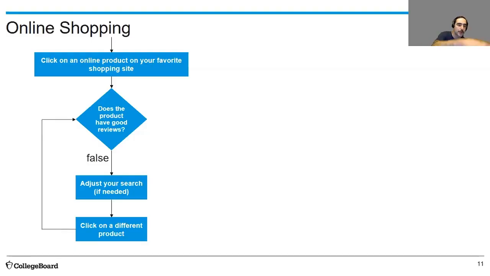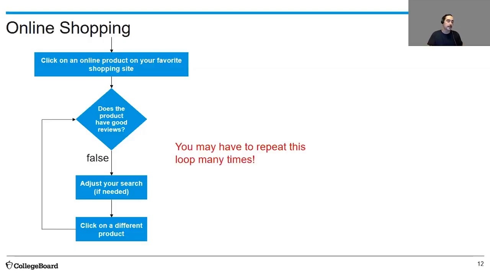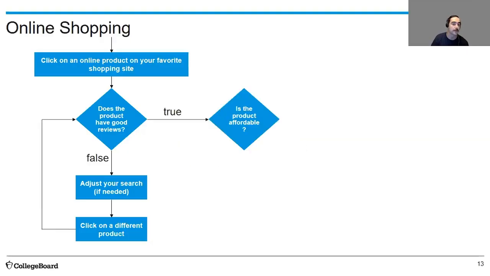Notice I loop back around to that question, that condition. And this might be something that you go through over and over, more than once. It may happen many times that you can't find any good products that have the reviews you like. But what do we do if we do find a product with a good review? You don't just immediately go purchase it. You need to ask yourself, can you afford that product?